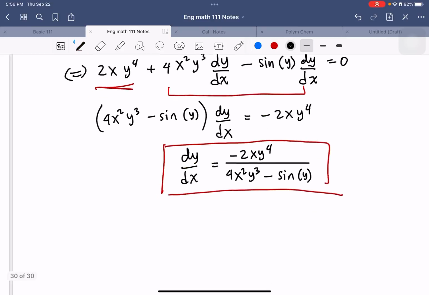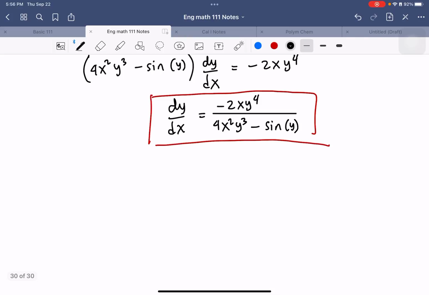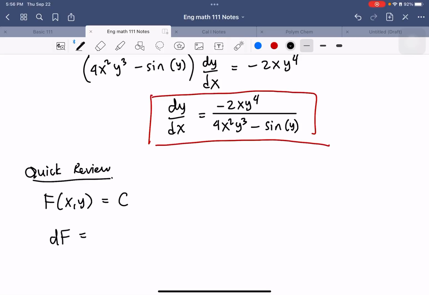Let me go to a quick review of what we have learned. If we have a function of two variables x, y, let's say it has a constant c, then if you differentiate this, we get the differentials.